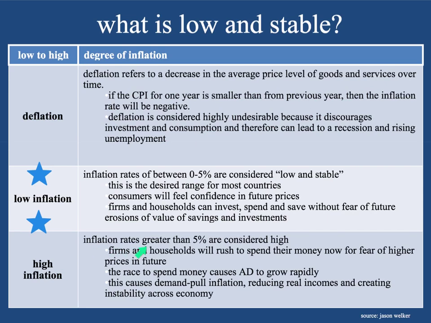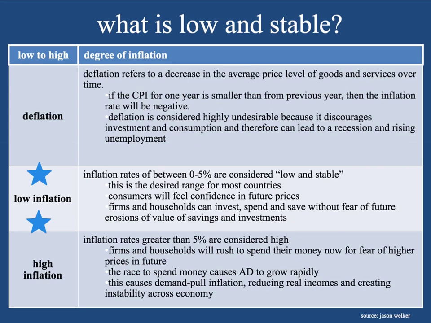High inflation: rates higher than 5% are considered high. Firms and households will rush to spend money now for fear of higher prices in the future. If you want to buy a new soccer ball for your daughter for Christmas, and you know prices are going up like 10% a month, you're going to go buy now, because that ball will most likely cost you 10% more next month.